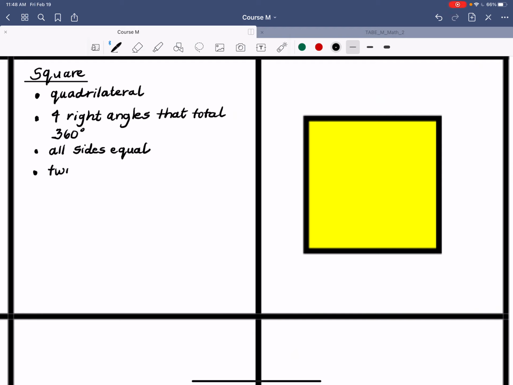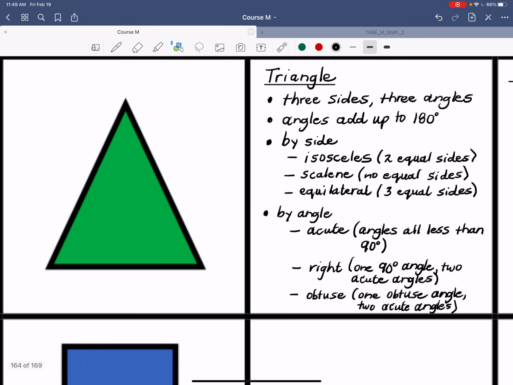Two sets of parallel lines. And we indicate that with tick marks. So I'm showing that this side, that's too big, sorry. This side and this side are equal. This side and this side are equal. All sides are equal.